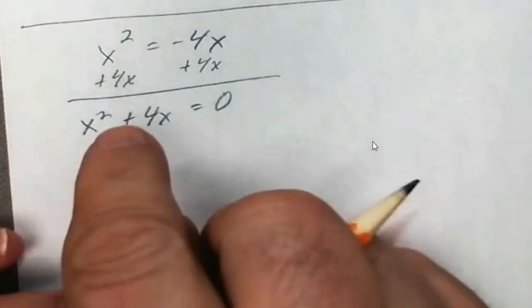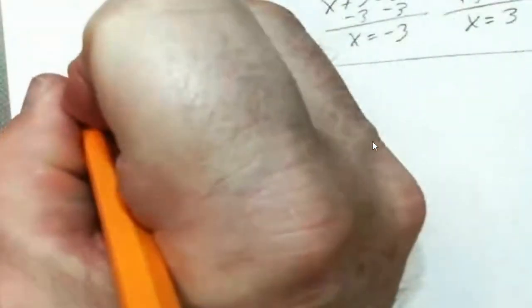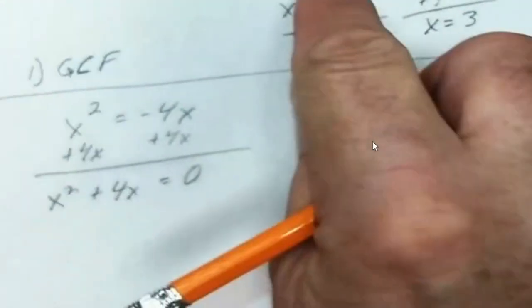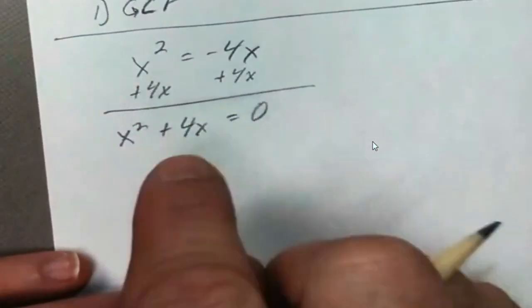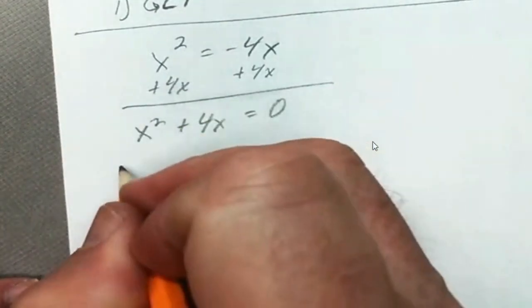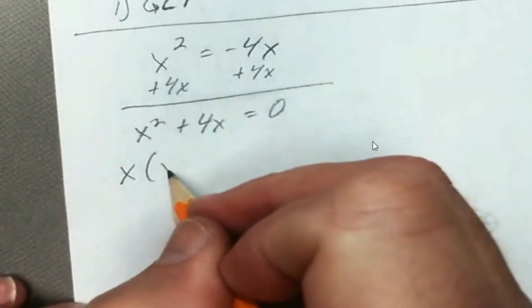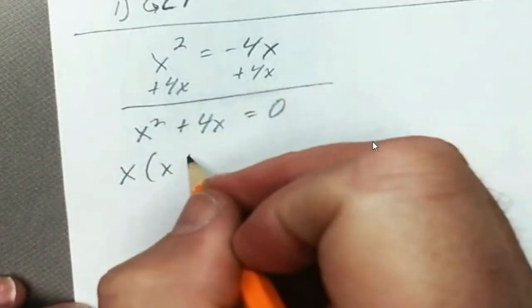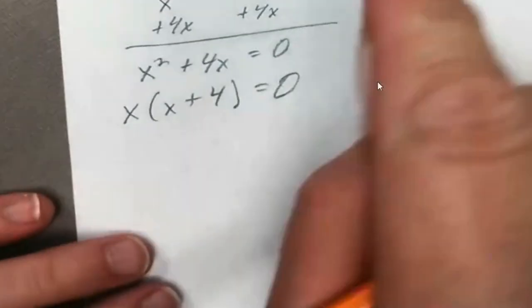When we look at this, remember the first step generally in solving anything is a greatest common factor. With x squared minus 9, there was no common factor. But here, both terms have an x, so we can factor an x out. x squared divided by x is x. 4x divided by x is 4. Now we have the factors.